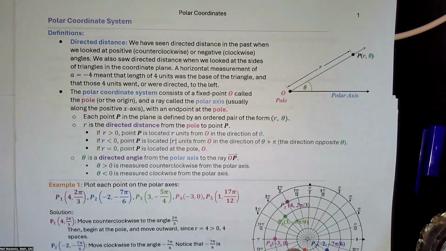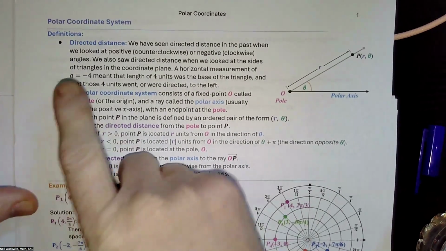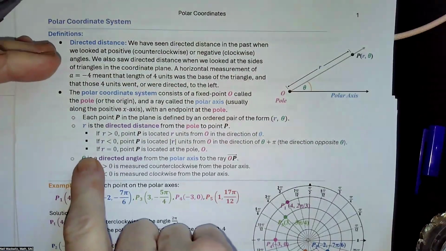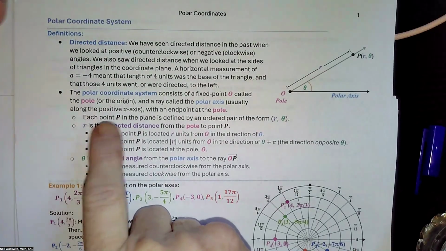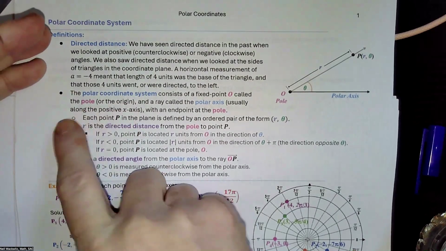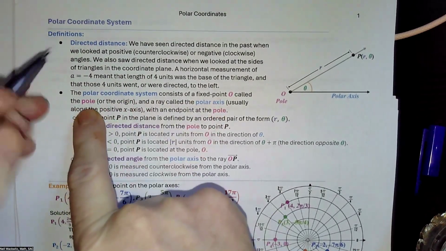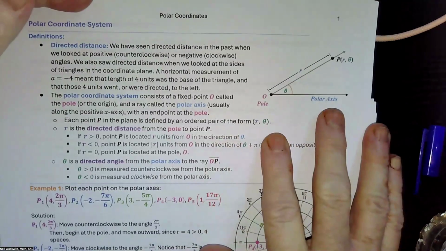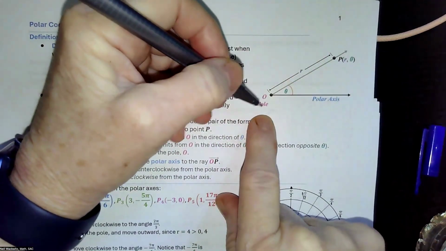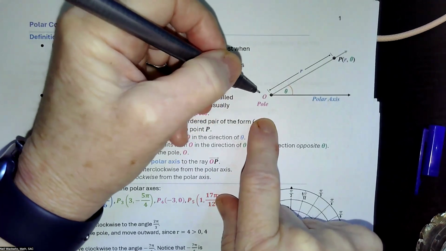So with polar coordinates, we again are going to be thinking about directed distance. So we're going to have first the parts of this system. A pole is what we call the origin.